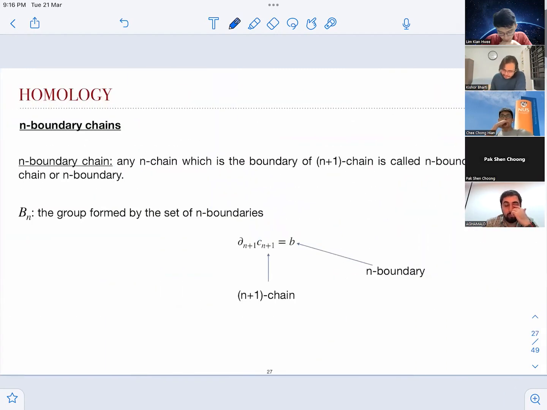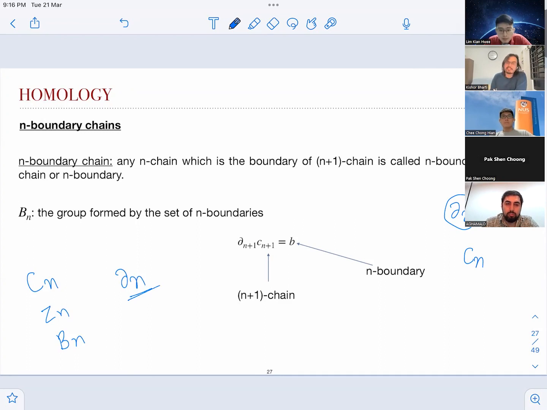So that's nice. One can similarly form a group by the set of n boundaries, and that is your Bn. This object delta n that we are interested in, the boundary map, is crucial, because so far we had Cn, Zn and Bn, and they are all related to delta n.